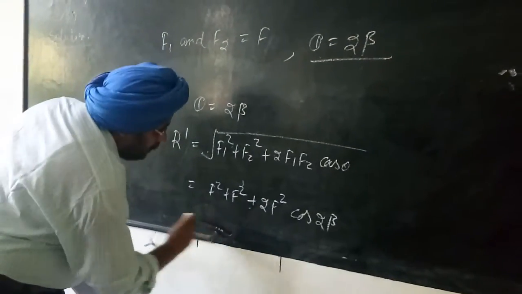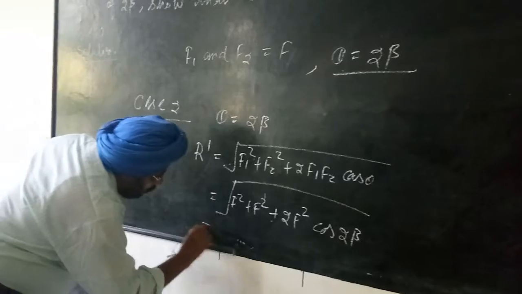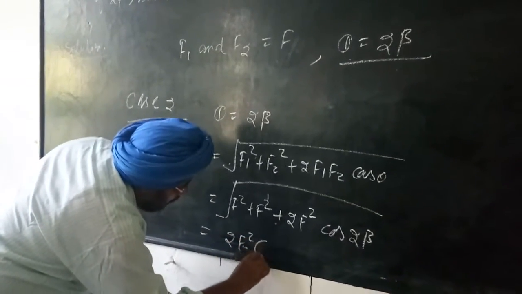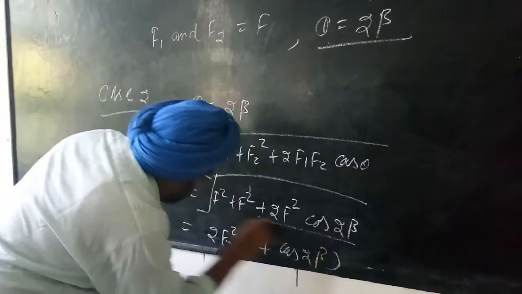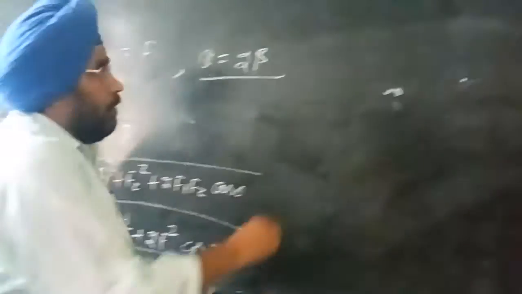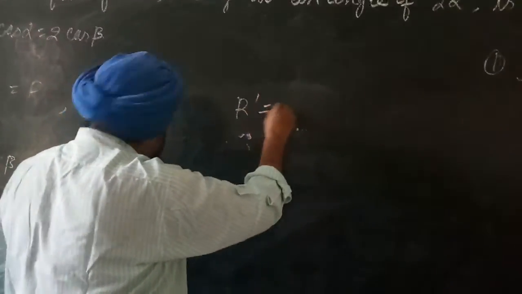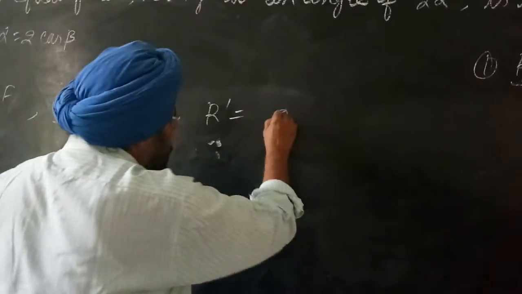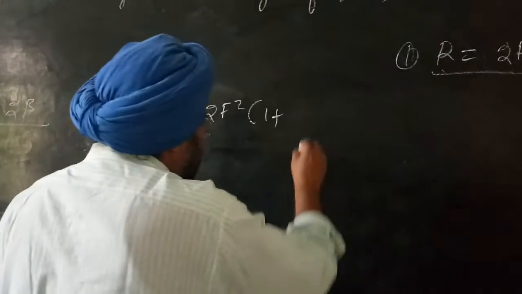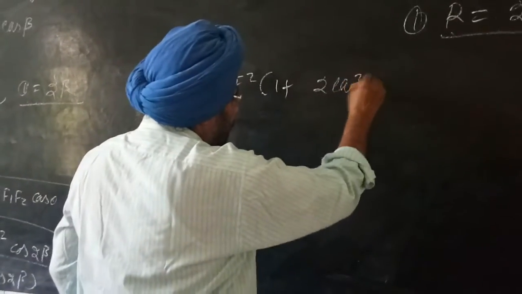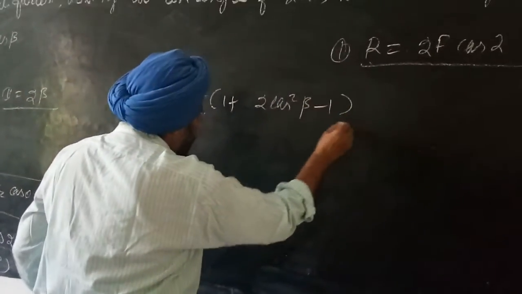So this is equal to square root of 2F square, common, 1 plus cos 2 beta. So R dash, the resultant, is equal to square root of 2F square into 1 plus cos 2 beta, and cos 2 beta is equal to 2 cos square beta minus 1.